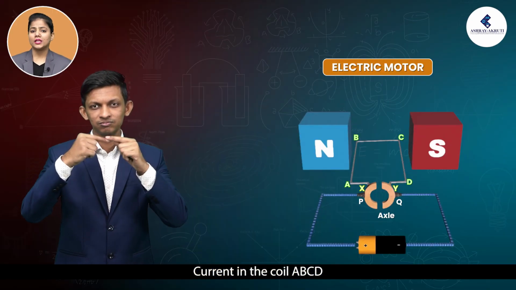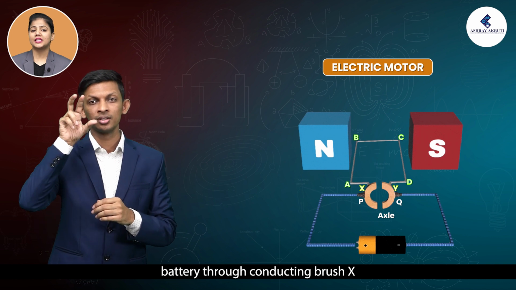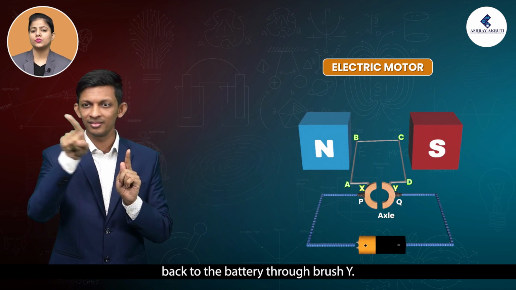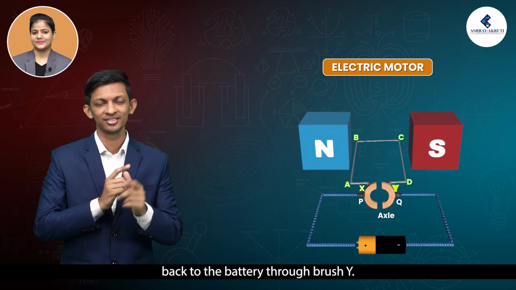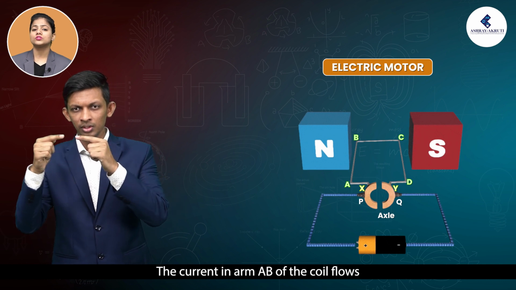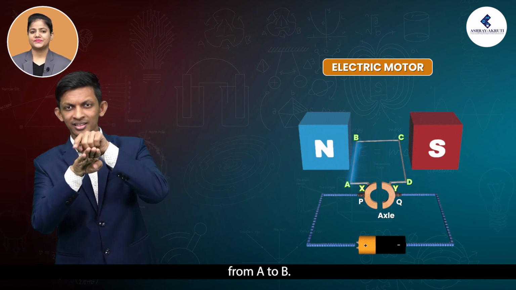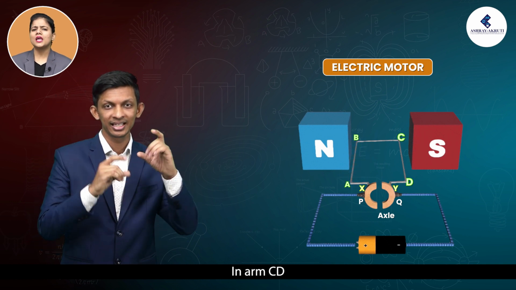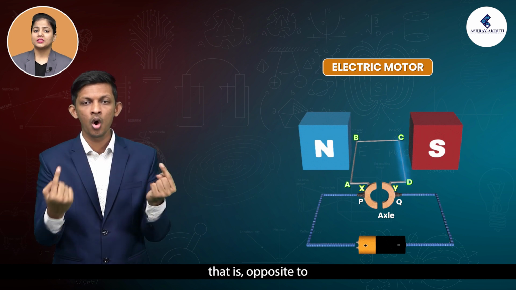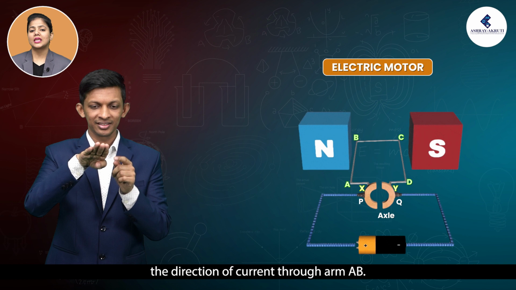Current in the coil ABCD enters from the source battery through conducting brush X and flows back to the battery through brush Y. The current in arm AB of the coil flows from A to B. In arm CD, it flows from C to D, that is opposite to the direction of current through arm AB.